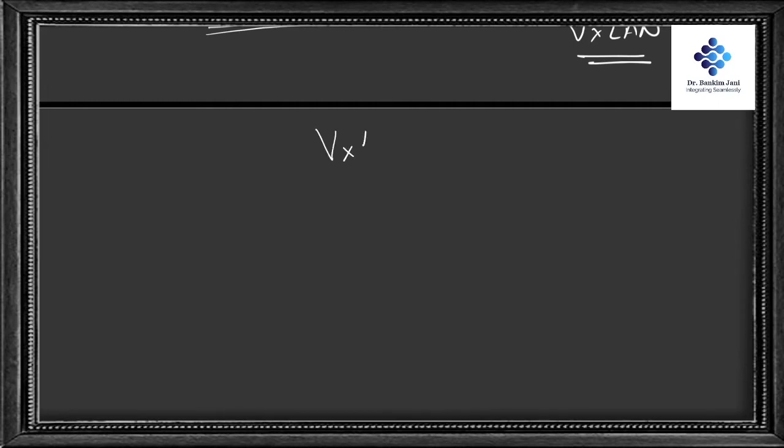So we see what VxLAN is. Let's start with what we already know. We know about VLAN, and in VLAN we used to say VLAN 1, VLAN 10, VLAN 20, 30. Those VLAN IDs were 12 bits.